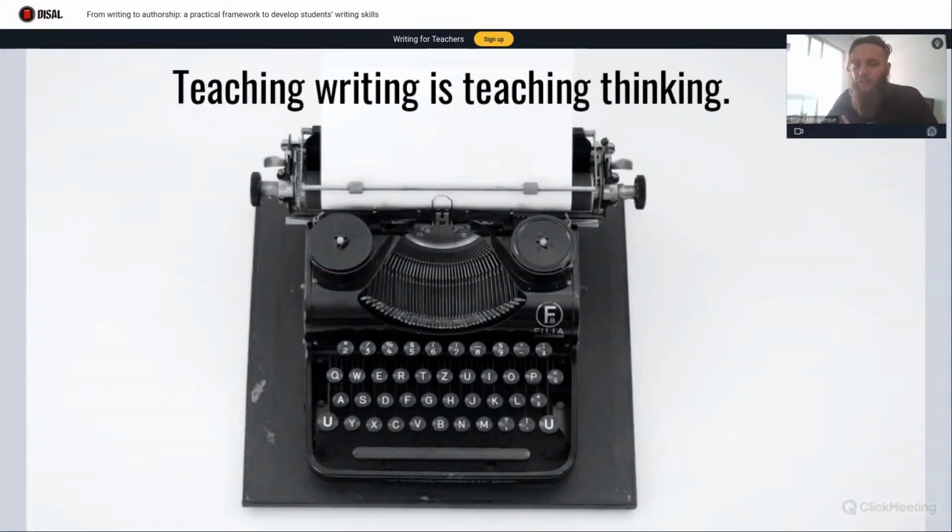I believe that teaching writing is actually teaching thinking. You're teaching students to organize thoughts logically and clearly so that anyone reading what they wrote will understand and will feel like part of the conversation.